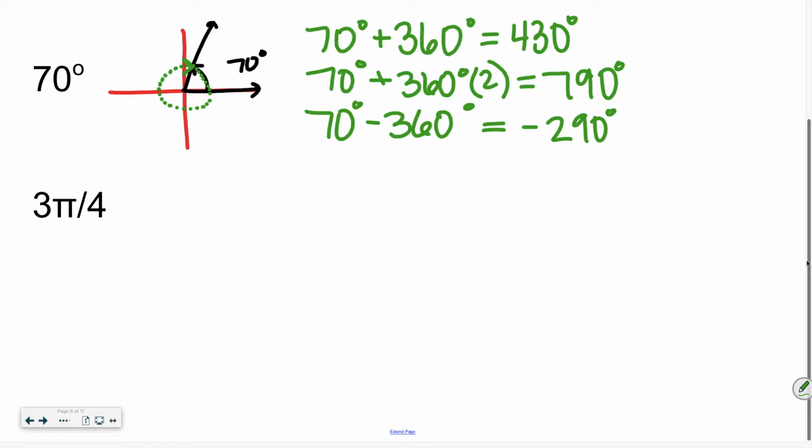Okay. Let's do one in radians just for the practice. 3 pi over 4. Before we talk about its coterminal angles, I want you to graph 3 pi over 4 for me.